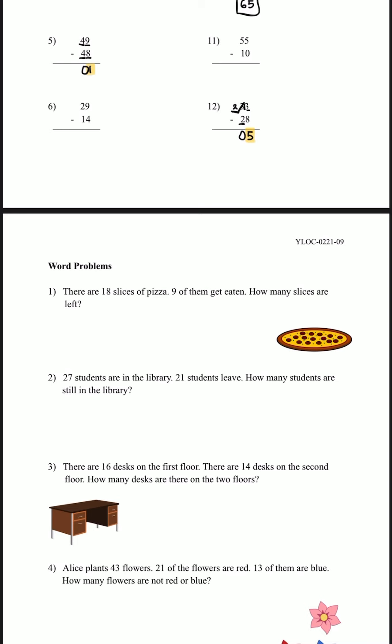For this part, we have word problems. And for number 1, it says, there are 18 slices of pizza and 9 of them get eaten. How many slices are left?